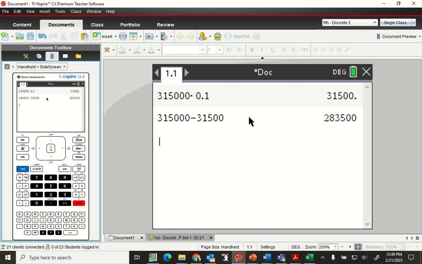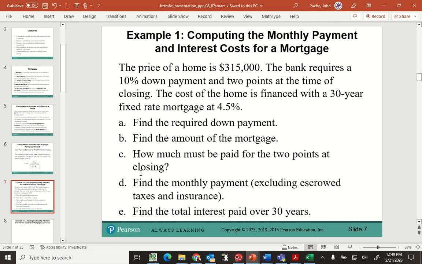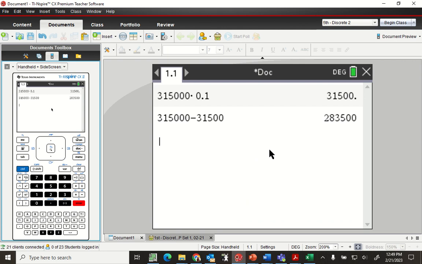All right, so now let's take a look at the next part. Part C. How much must be paid for the 2 points at closing? Let's calculate 2 points now. So I'm going to take my 283,500 and now I'm going to try and figure out my 2 points.